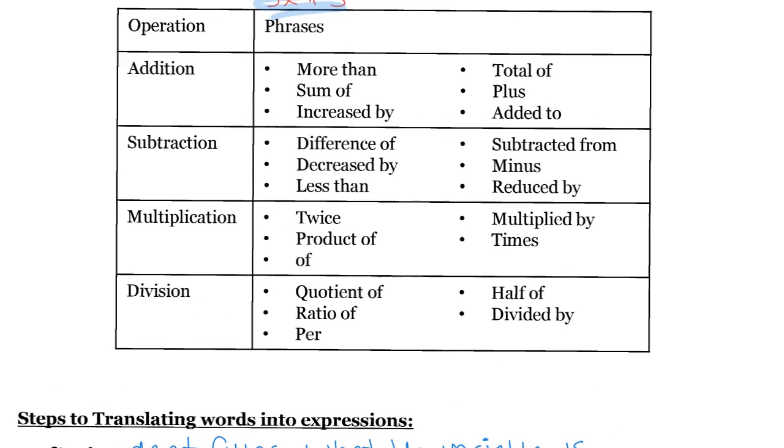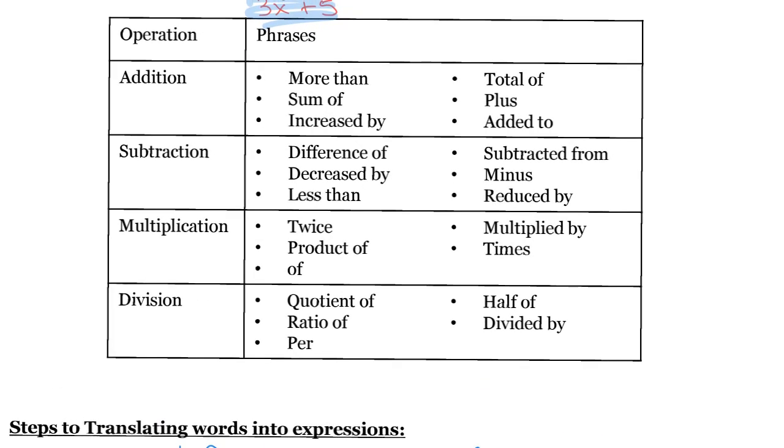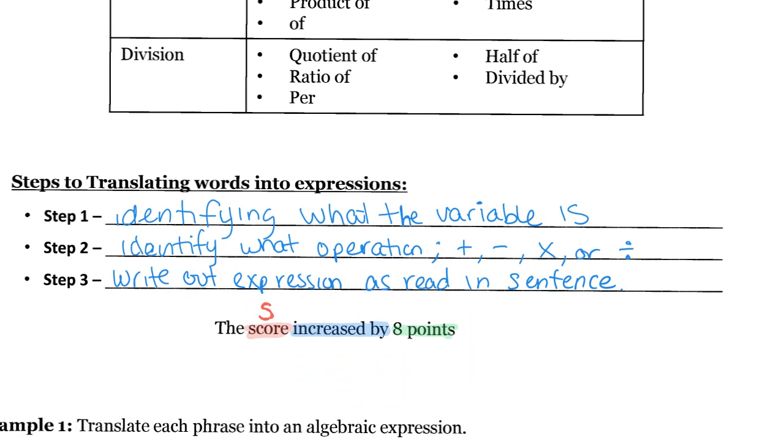I see increased by here, so that tells me it's addition. And then I have my 8 points. So my expression then, exactly as I read it, is S plus 8. Okay, so that's what it would look like, and that's how you do it.